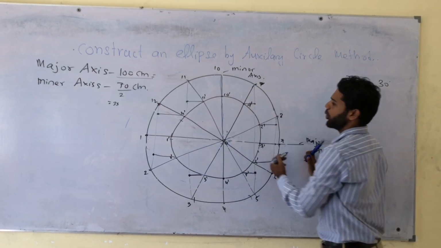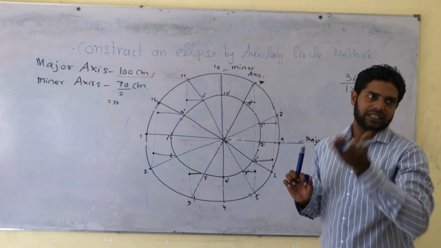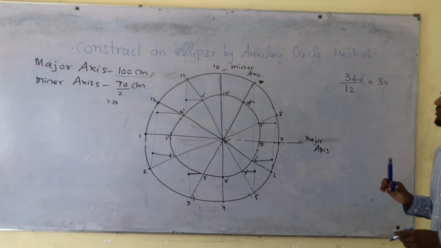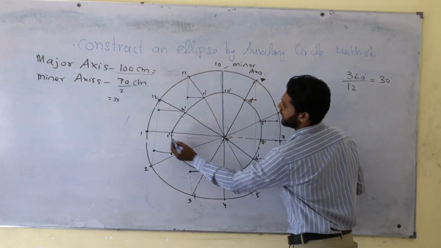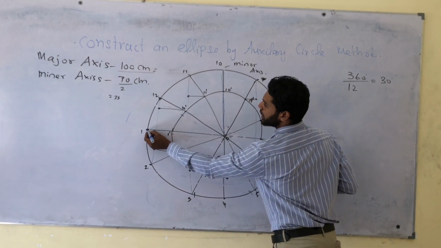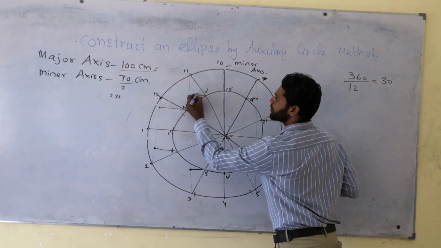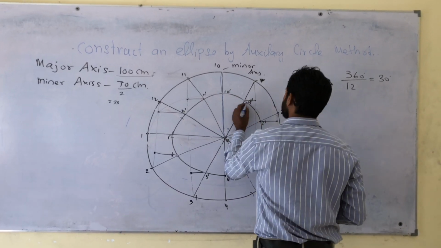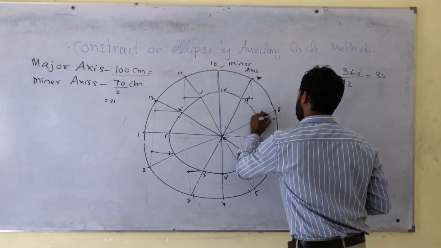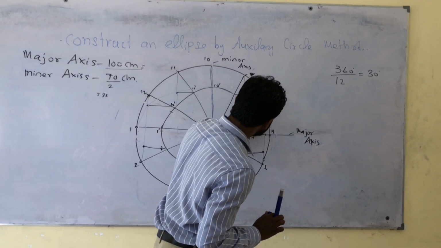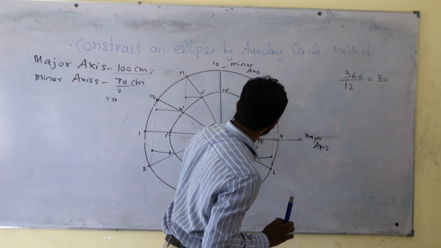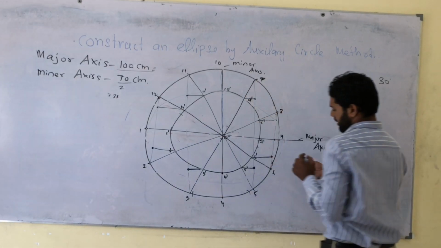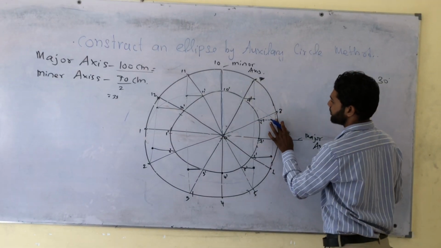So finally, you have to connect all these points by using a flexible ruler, or it's better to connect with a flexible ruler. So if you connect by this ruler, you have to connect like this. You have to connect. If you connect, it will come like this, like a circle. It will come like an ellipse.